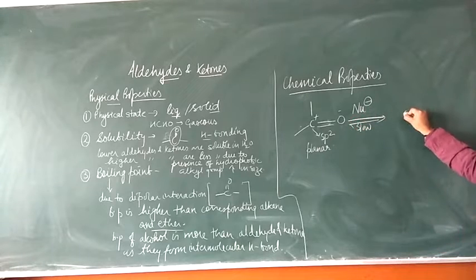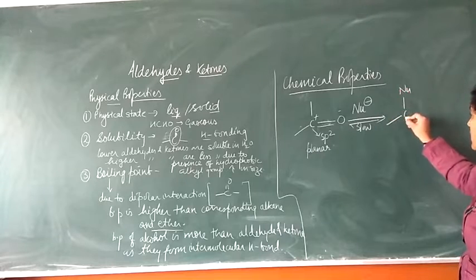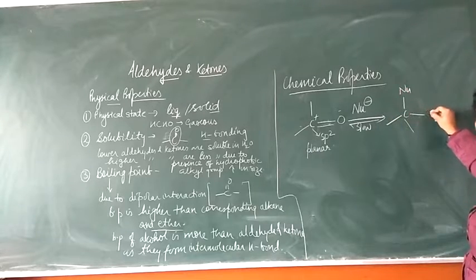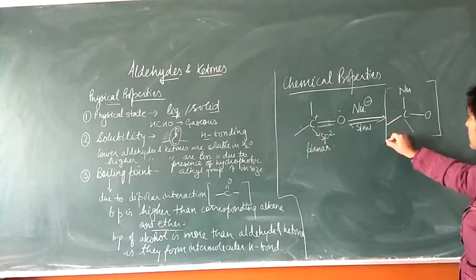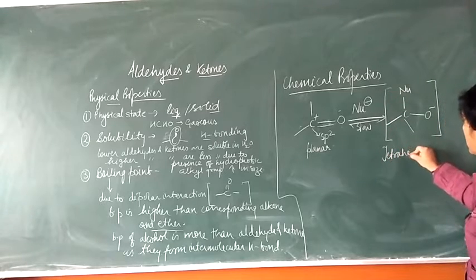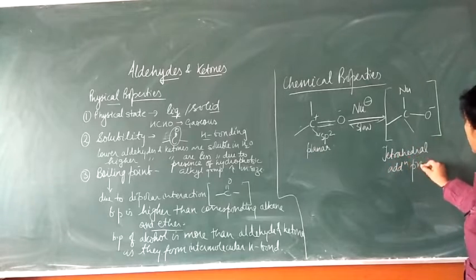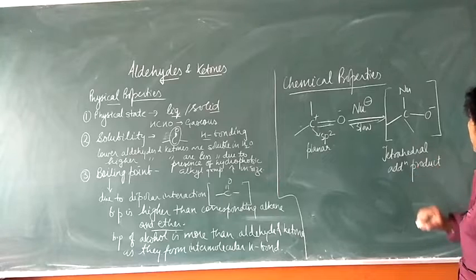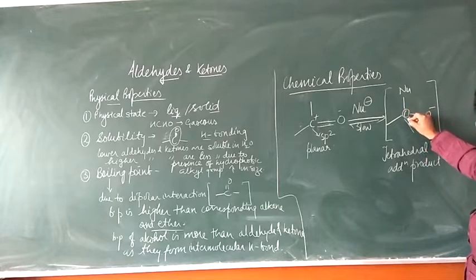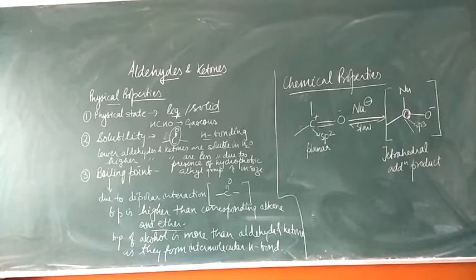Now what will happen here? The shape changes in this way, right? Now this is the tetrahedral structure of the addition product which has been formed, and the hybridization of carbon has changed to sp3, right?